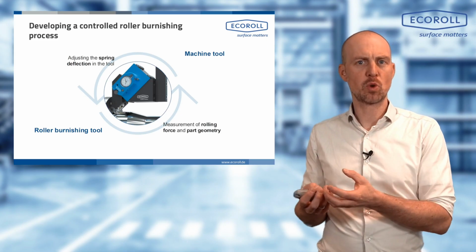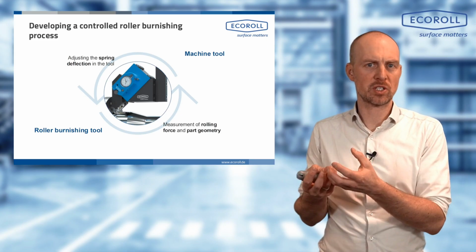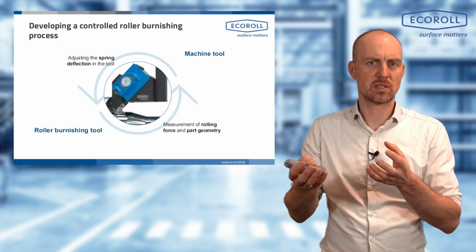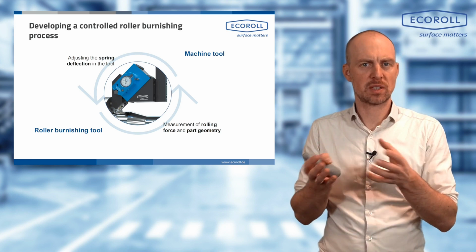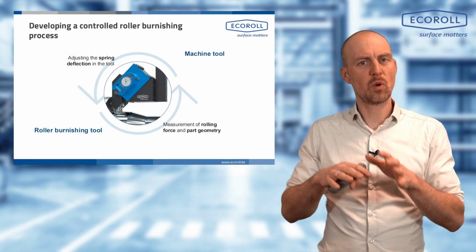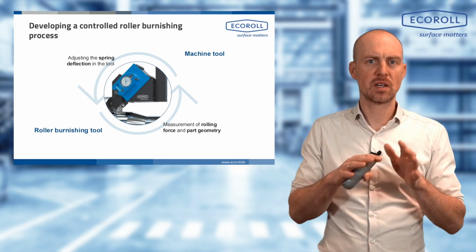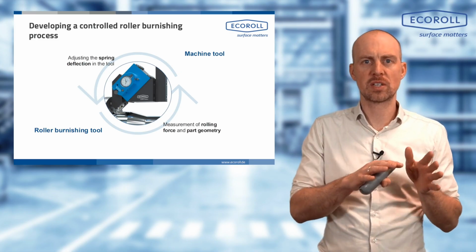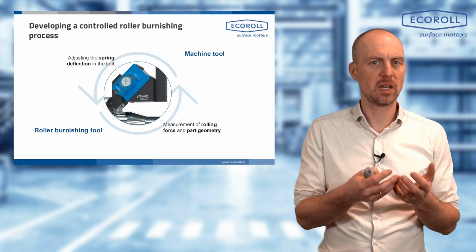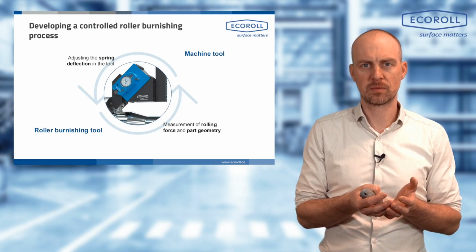So in deep rolling, for example, it could be the surface pressure, right? The surface pressure determines how strongly my residual stresses develop, right? That's a connection that's still being investigated a bit scientifically, but generally speaking, the rolling force is not the decisive factor, but the interplay between force and contact geometry is crucial for how much compressive residual stress is created and how much strain hardening occurs.